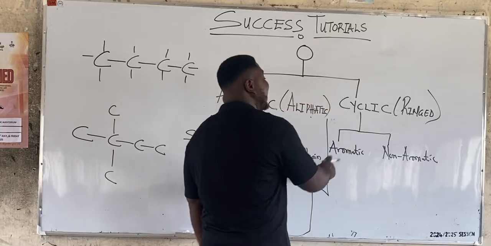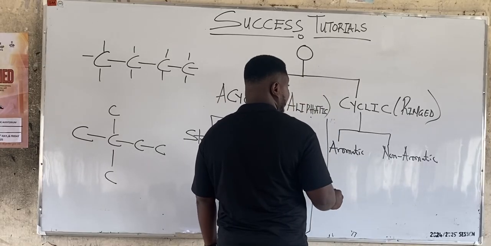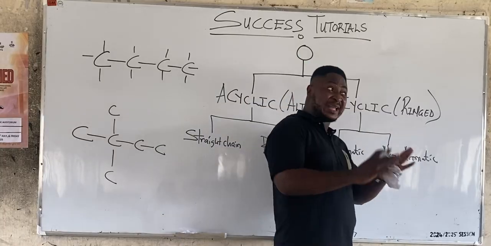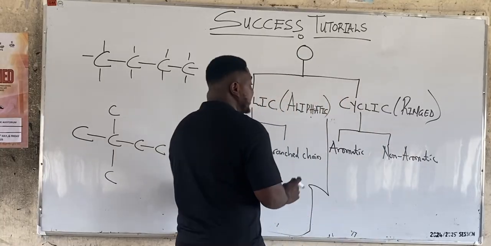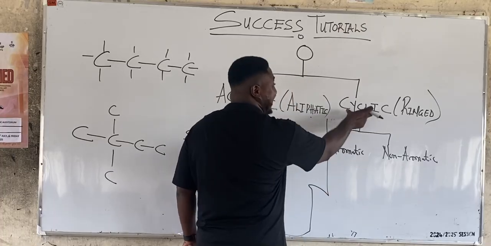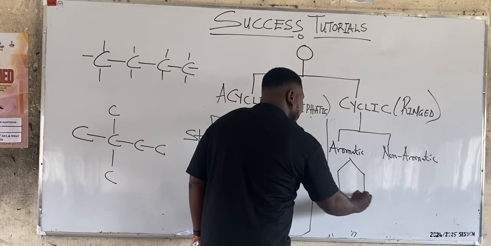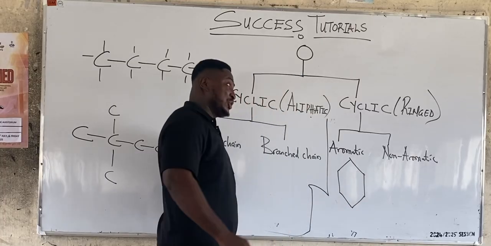Class, under the aromatic, two of them have cycles. Since two of them are under cycle, they both have cycles, right? They both have rings. The only difference is that this guy's ring, aromatic cyclic, their rings contain 6 carbons precisely. So if you have less than 6 carbons, you cannot be an aromatic.